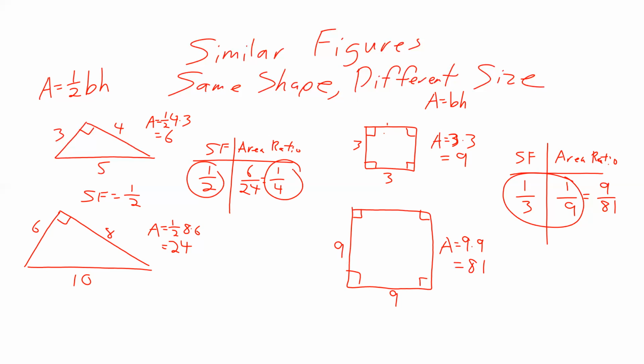Another way to say that is it is raised to the second power, or squared. All right. But yes, you have the right idea. So it's multiplied by itself. So on here, our area ratio is essentially going to be our scale factor squared.